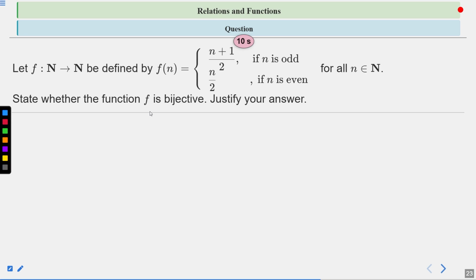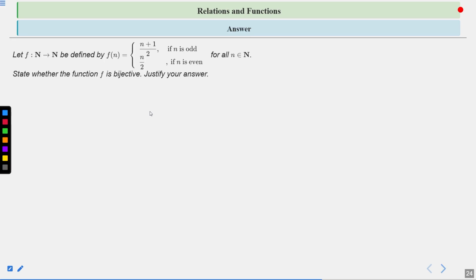So your time starts now. The time is up. So the function is defined from N to N piecewise, and we have to state whether the given function is bijective. Solution.